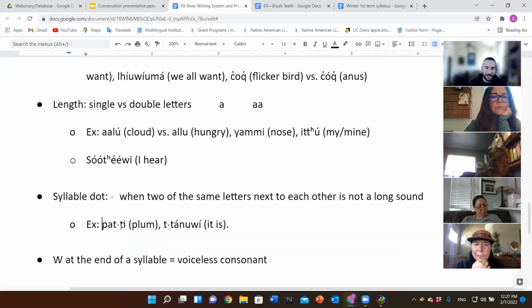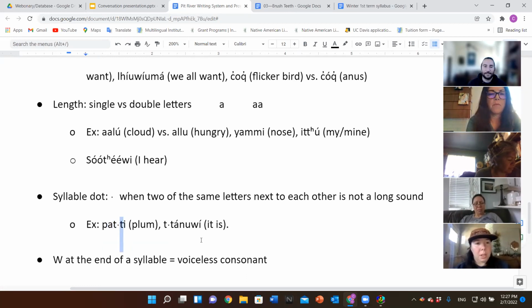So like these example words, this would not be badi, because that would be the long d, but this actually sounds like but d. So the syllable dot is just separating them.